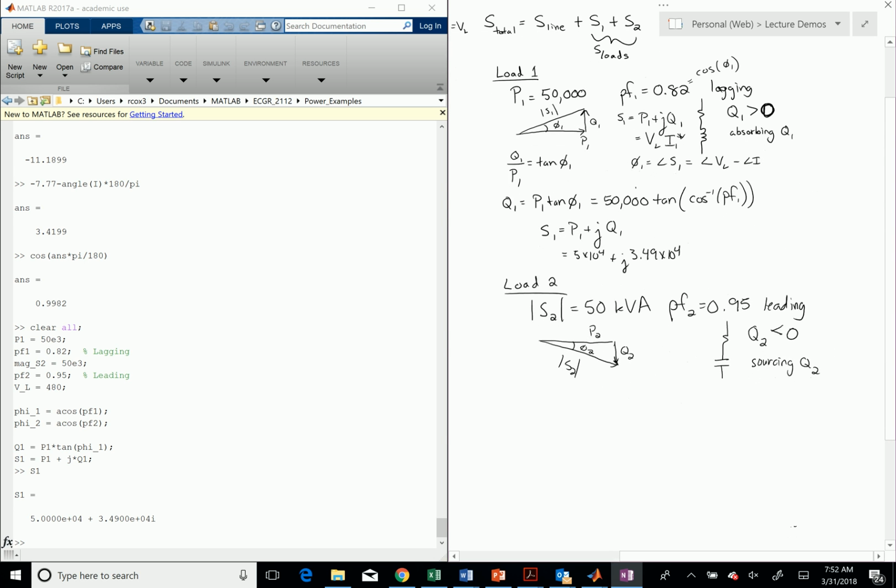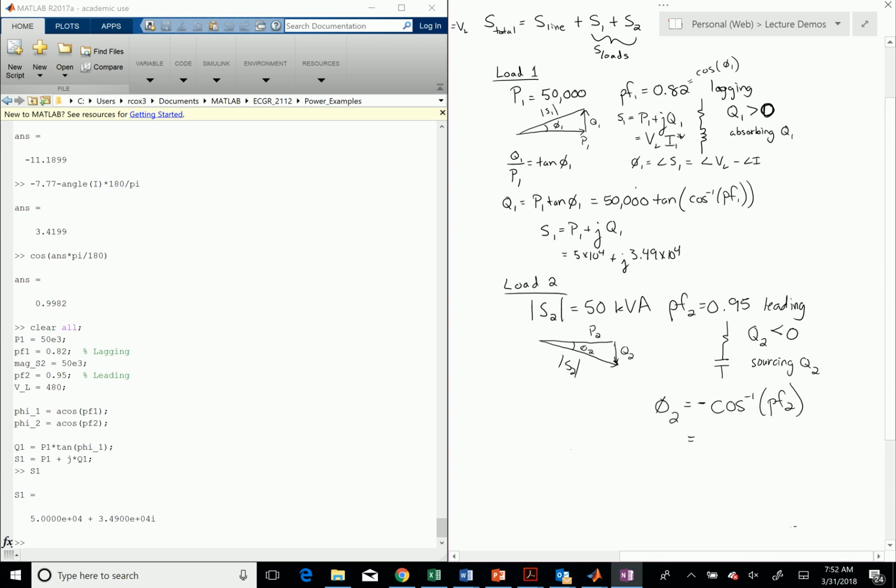So in this case, if I want to get the angle, phi 2, normally we would just say cosine inverse of the power factor. But in this case, I put a minus sign in there. Because remember, if I take the cosine of a positive number like this, I'm always going to get a positive angle. But I know the angle has to be negative because my Q2 is negative. So I put that negative sign in there, and I'll get an answer from that.